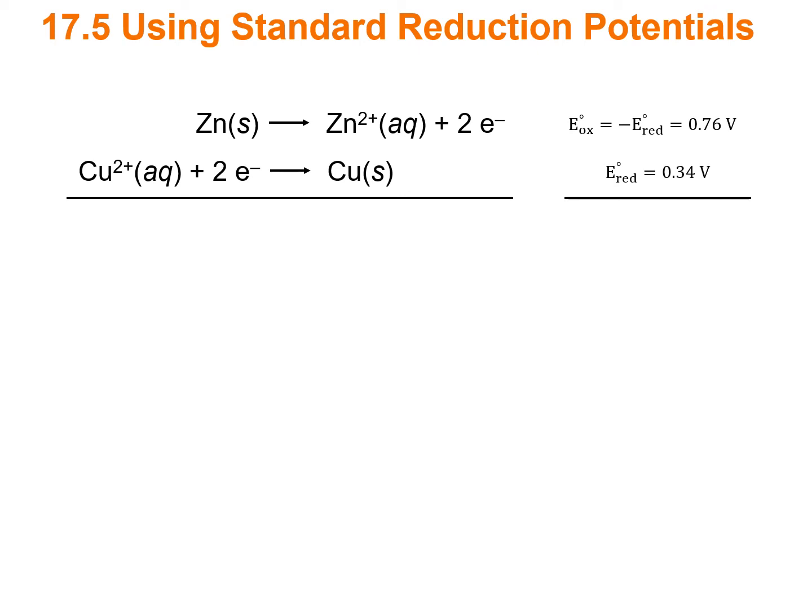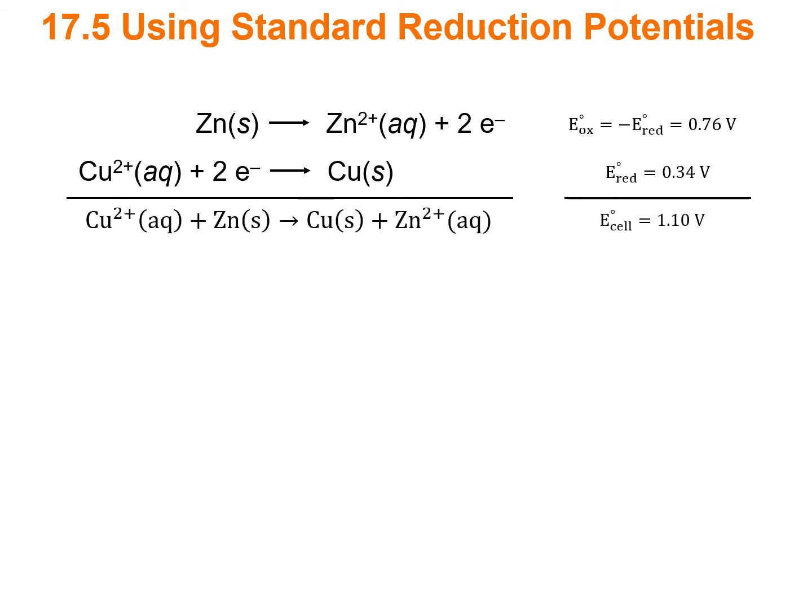If I look up zinc, I'll find a value of negative 0.76 for its reduction potential. But we're looking for the oxidation potential, so that's 0.76, a positive value. And for the copper, we'll just find 0.34 volts because it's already in its reduction potential form.